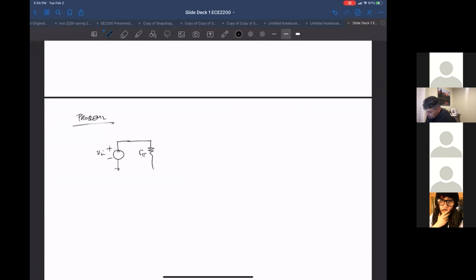Then we had our G sub M, our voltage controlled current source. Here, this guy is grounded. R sub E, and then this is V sub out. Okay, and we're asking for the same thing, V out over V in.